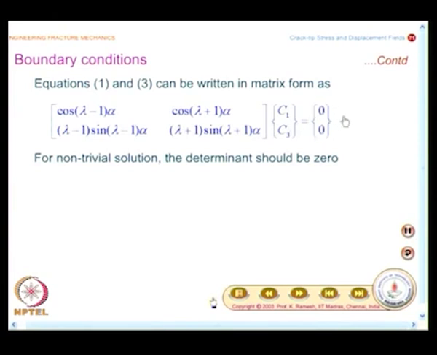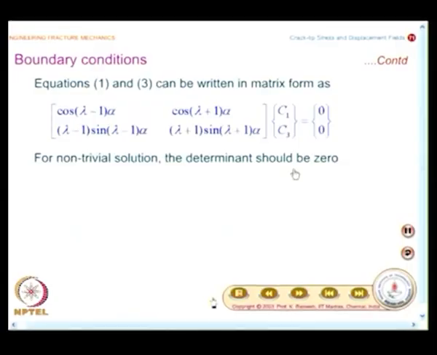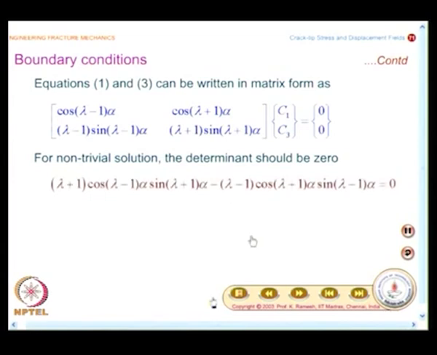And from your system of equations, when you have homogeneous equations, for a non-trivial solution what is it that you have to do? The determinant should be 0. That determines the value of lambda, and when you write the determinant, it looks very long, but if you group the terms properly, you would be able to write a simple expression, multiplying these two minus these two.